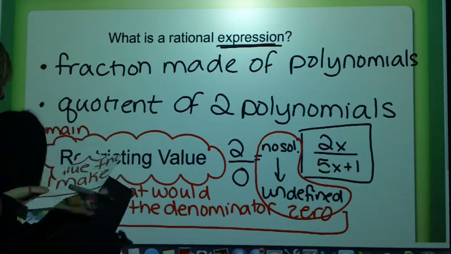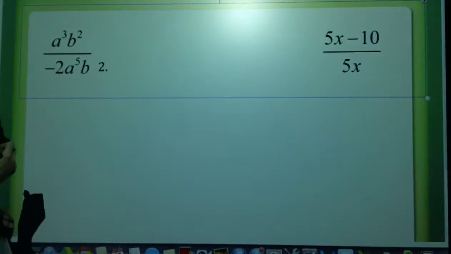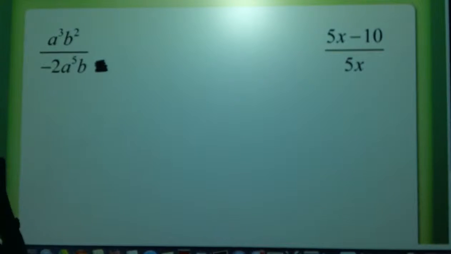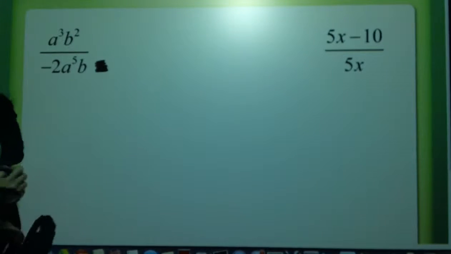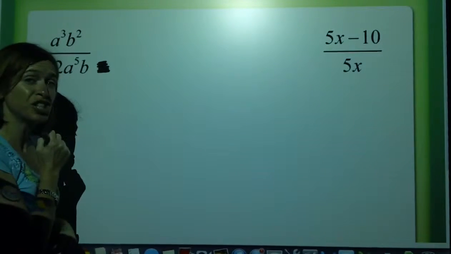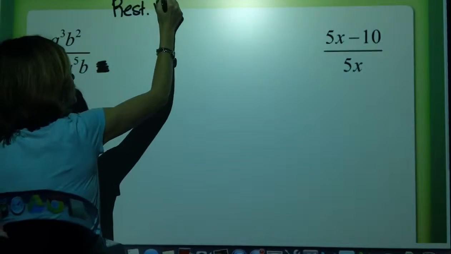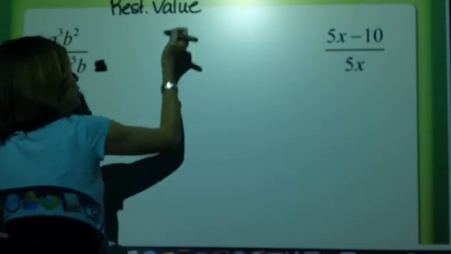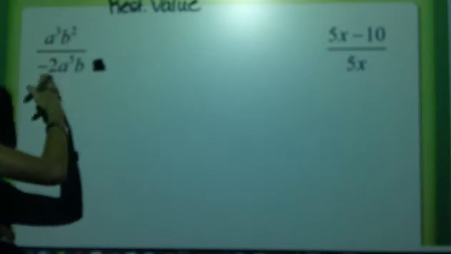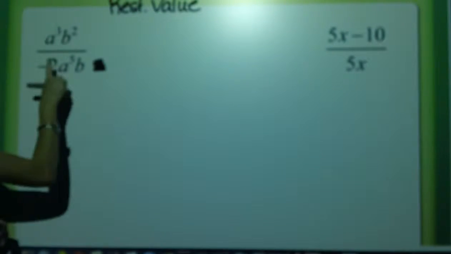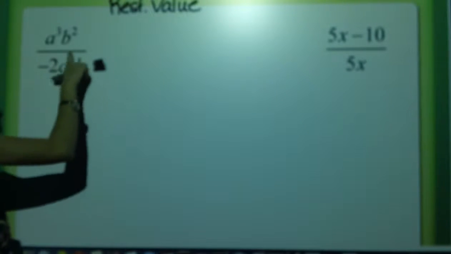So let's look at an example of how you simplify a rational expression. I've got a cubed b squared over minus 2a to the 5th b. The first thing you have to do, based on the original expression, is find your restricted value, if there is one. So I look at it and ask what value could I put in for a that would make the denominator 0?